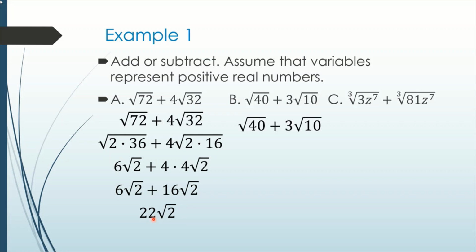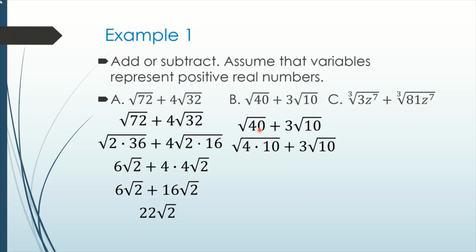Let's look at the next one. Break it apart again. Even though 10, you can break that up as 5 and 2, those aren't squares. So just keep 10 as 10. Now 40, you can break that apart. The largest square that goes into 40 is 4. With something like this, you can get a hint on what is being simplified, because in order to do this problem, the numbers have to be the same underneath the radical.